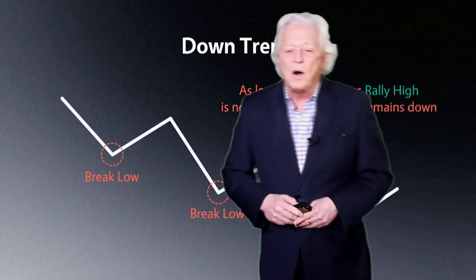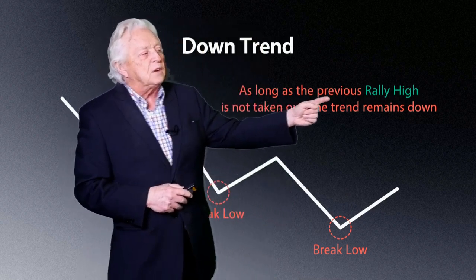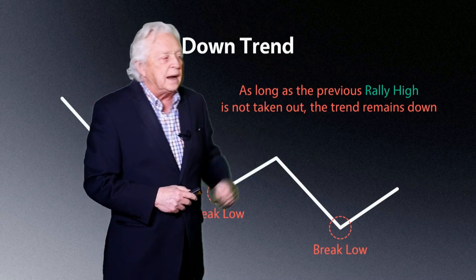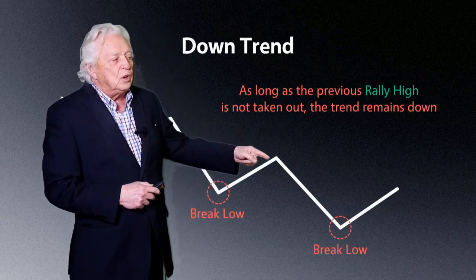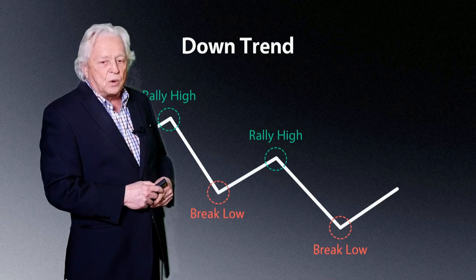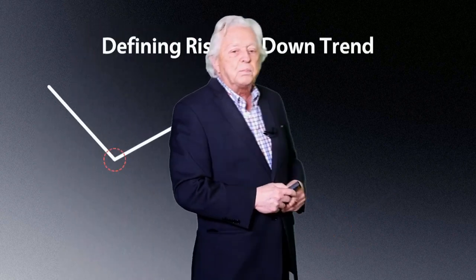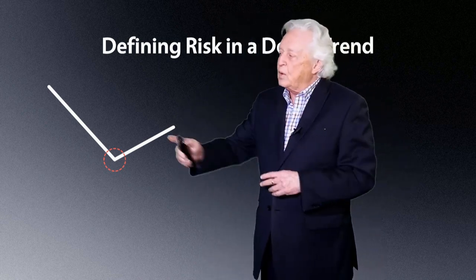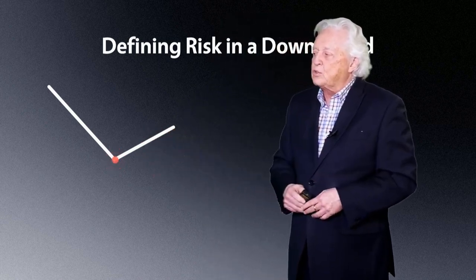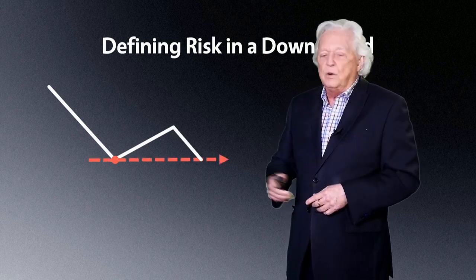Let me step here and not trip over myself. And the key here, and I'll walk over this way so you can see it. As long as the previous rally high is not taken out, the trend remains down. So you don't want to take out that high. And there's your rally highs. Now, how do we define risk in it? It's pretty simple. It's the same thing. We had our break, a bounce away from it. So there's our low point. The market moves on.